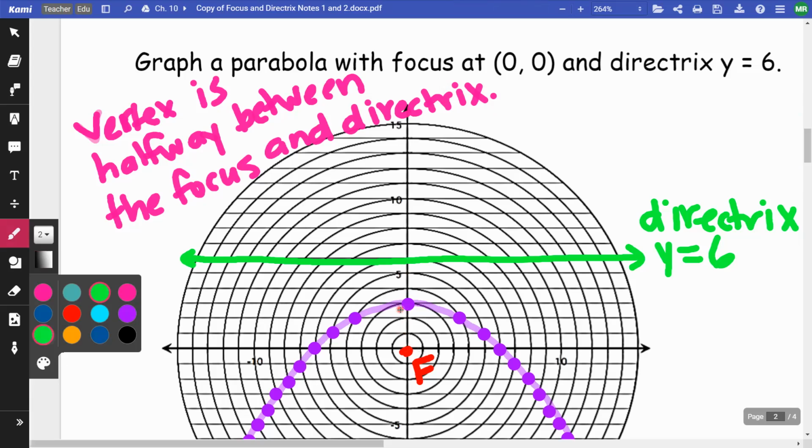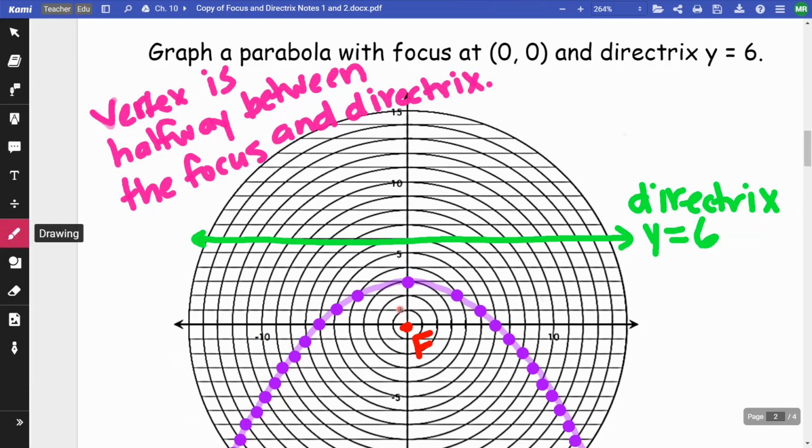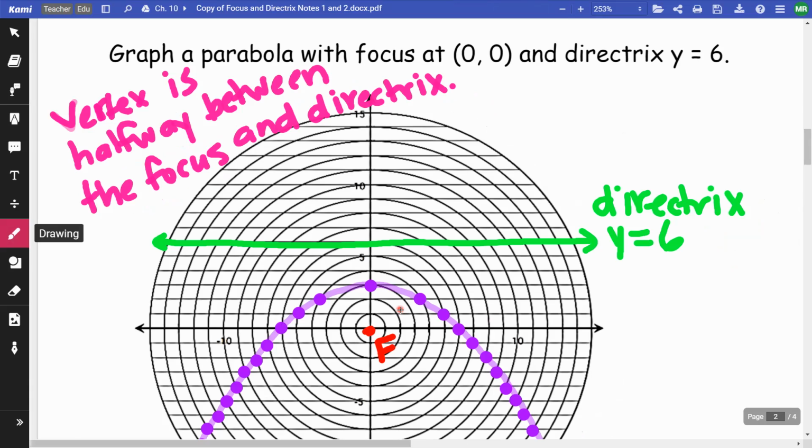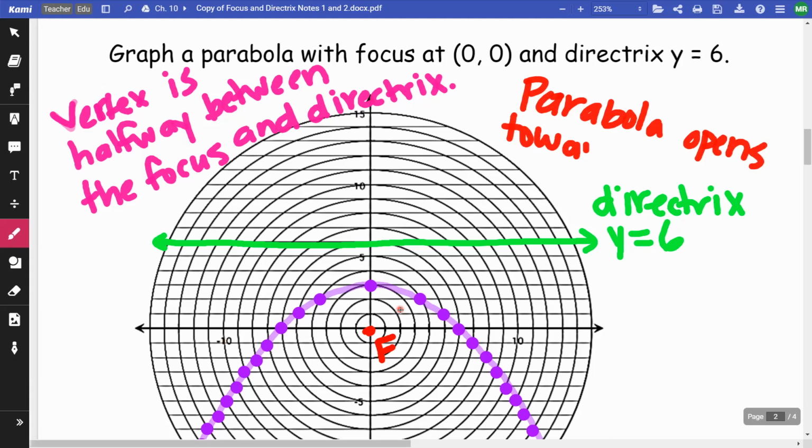Another important bit of information that we need to understand is what I was saying a second ago. Your parabola opens towards your focus. It always opens towards your focus.